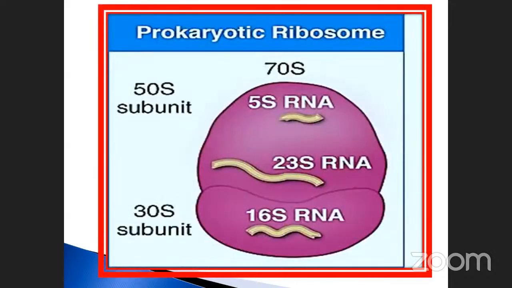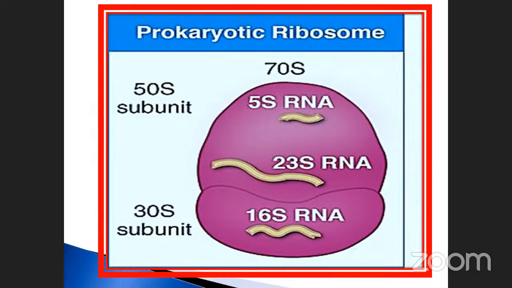This is called the 70S ribosome. That is 18S, here 16S. The large subunit contains only 2 RNA molecules. What are they? 5S and 23S. So before that, the prokaryotic ribosome is 70S, right?